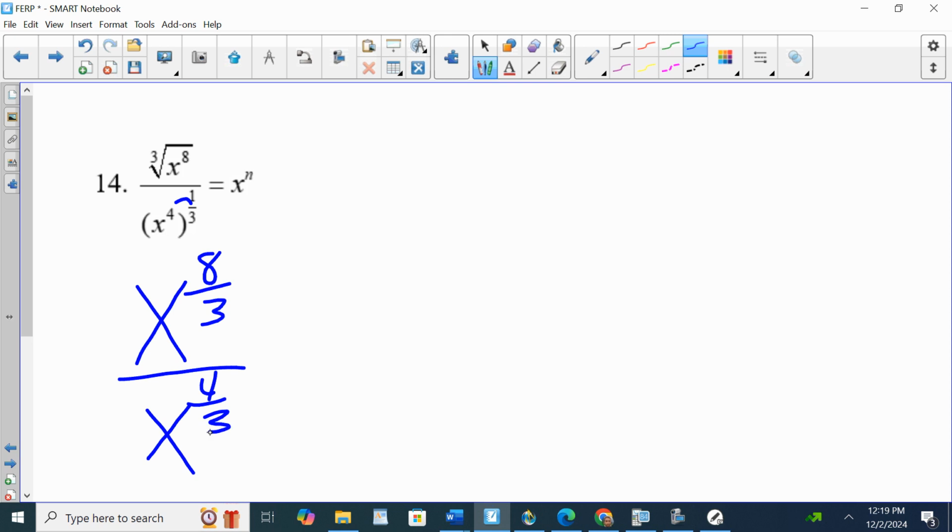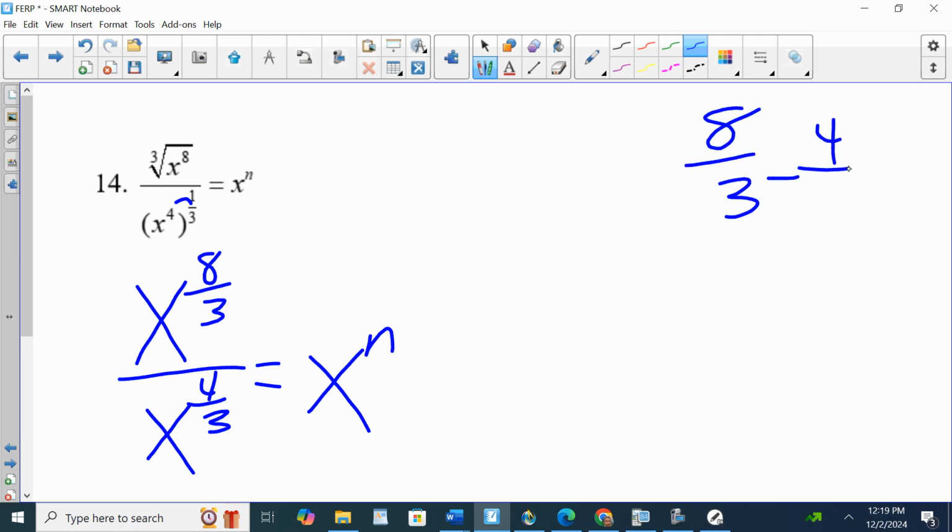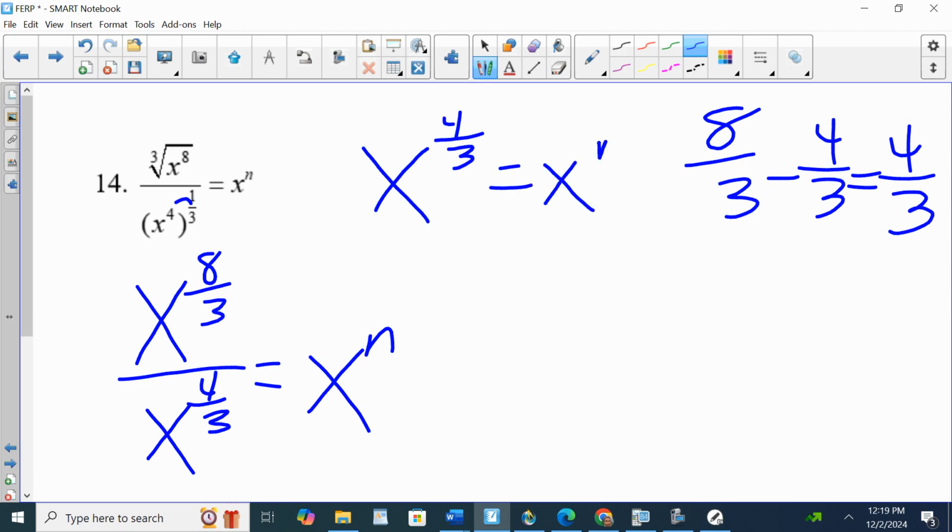Over 3 is 4 over 3. Equals x to the power of n. Negative exponents are fractions. Nope. Clean it up. No multiplication. Yes, division. I subtract. I get 4/3. So it becomes x to the 4/3 equals x to the n.